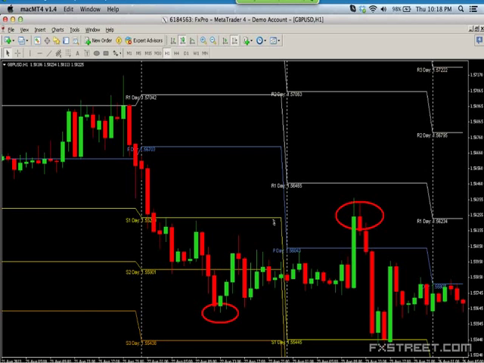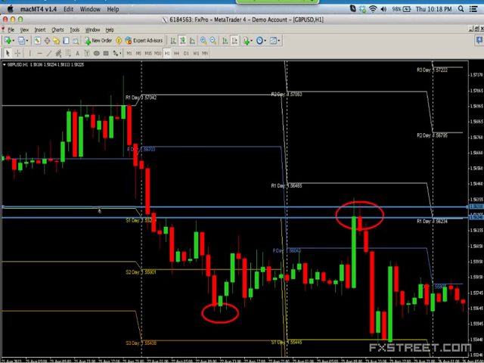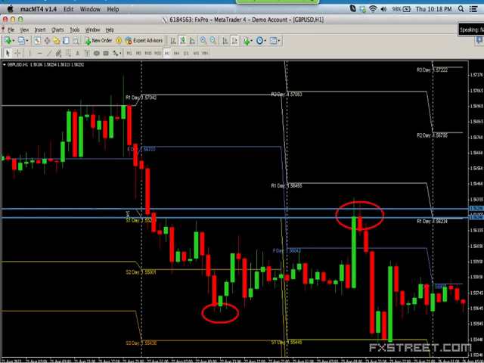This area comes in from here and the area before. So this line right here crosses that, and this line up here crosses that. So you have two levels of strong resistance. That's right above this area.